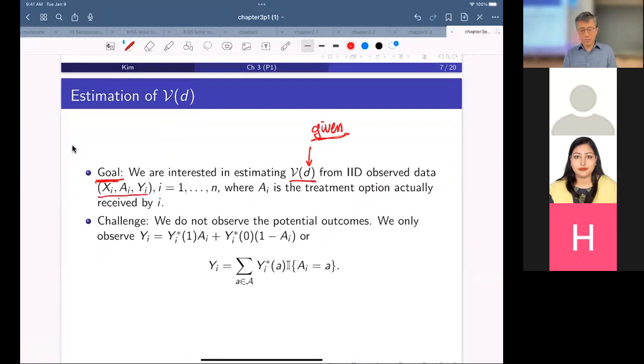The problem is that A could have nothing to do with D, because I'm going to use the current data to impose a rule. So this is a kind of history.